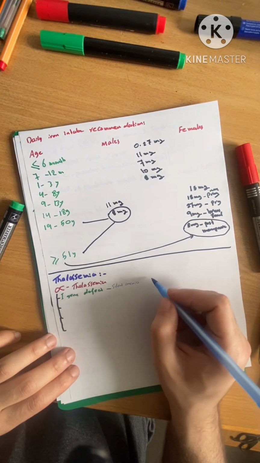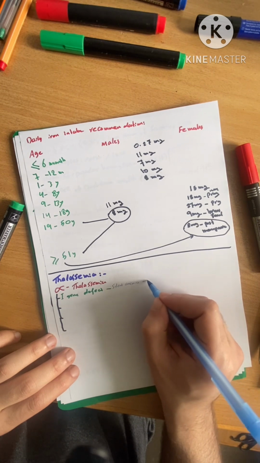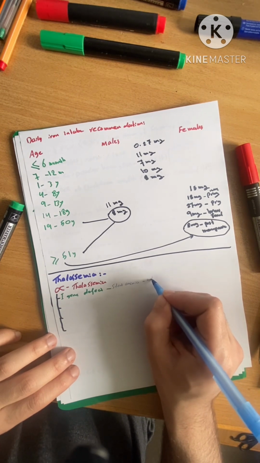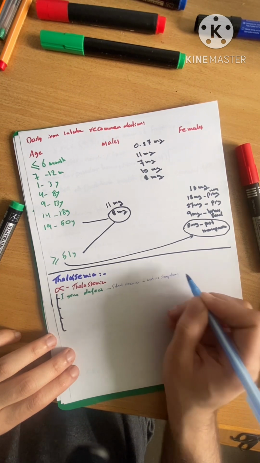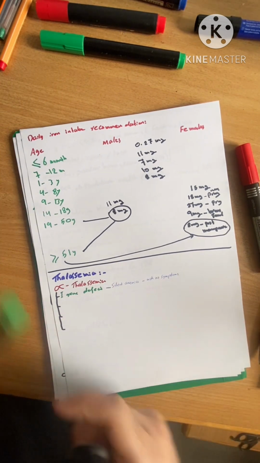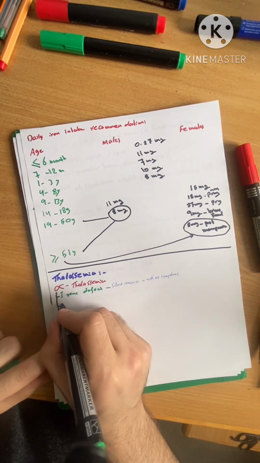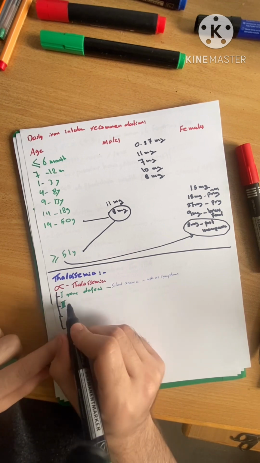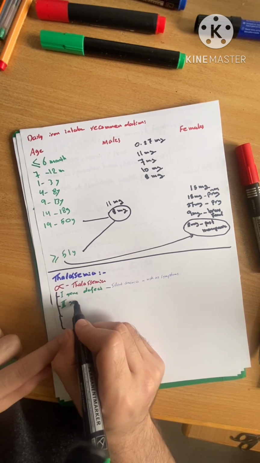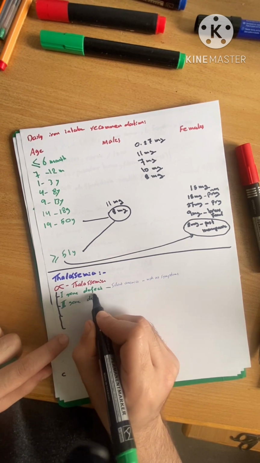Here we can see there are no symptoms, that's why it's called that. Second, we are having second degree of alpha thalassemia, in which 2 genes are defective.